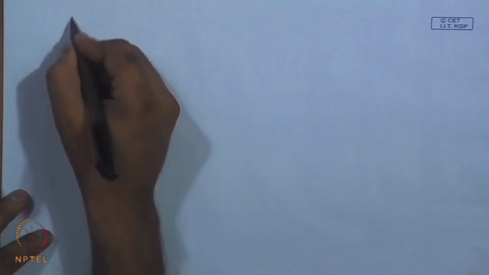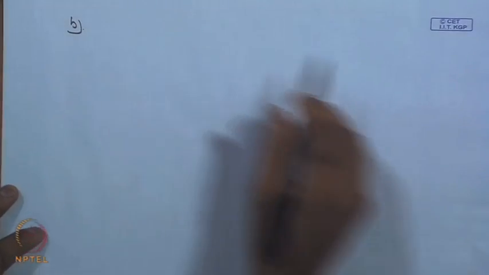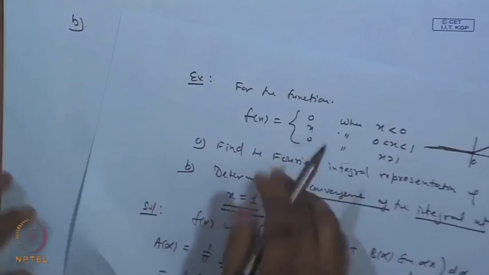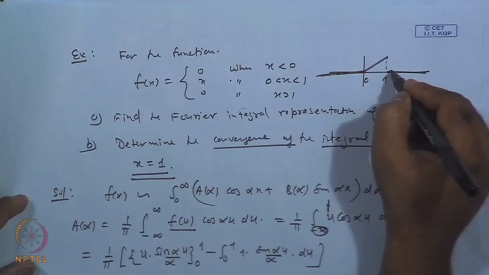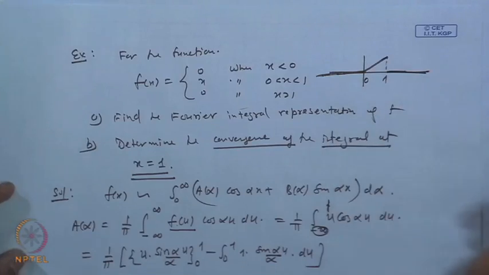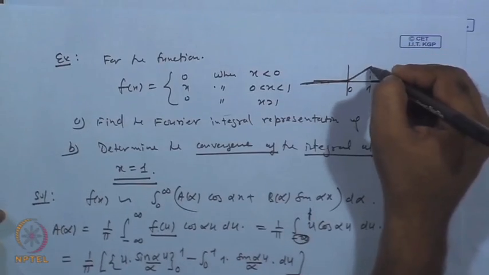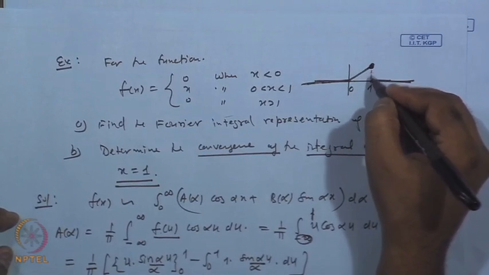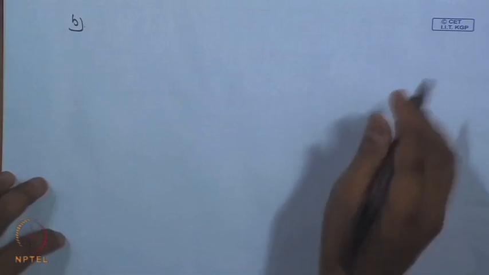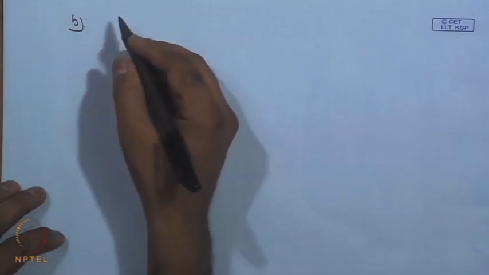So, now the b part. If we look at the function, this function is not defined at x equal to 1, but this integral will converge in that case to the average value. So, that is 0 here and 1. So, 1 plus 0 by 2, that integral will converge.